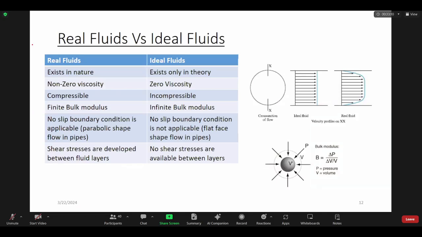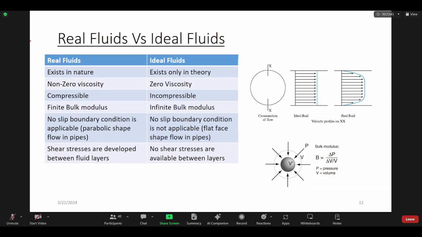In this slide, we will discuss what the real differences are between real fluids and ideal fluids. What is a real fluid? Real fluid means in the world we can identify real fluids, but we cannot take any ideal fluids.